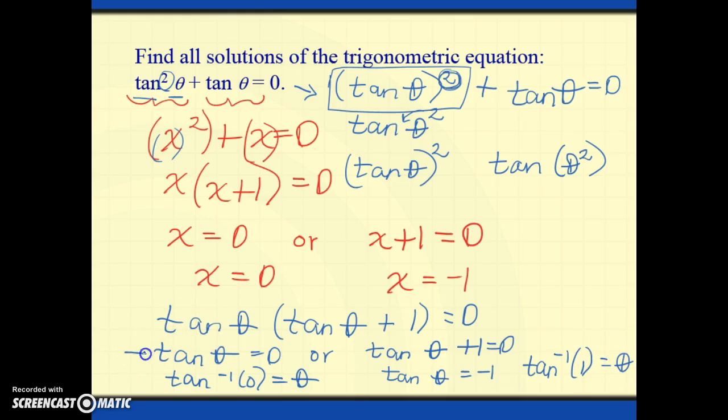So I'm going to go back here for what angle measures is tangent equal to 0. Remember, tangent of theta is sine over cosine. So I'm looking for angle measures where the sine was 0.